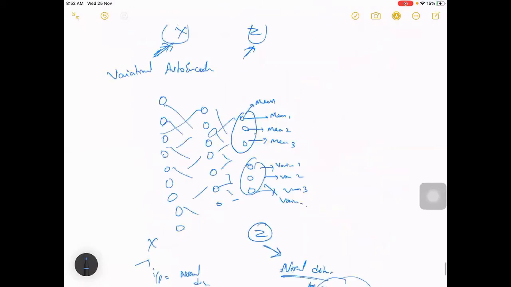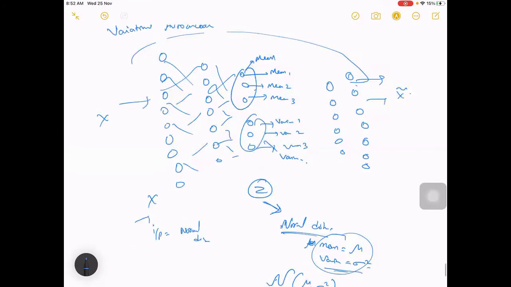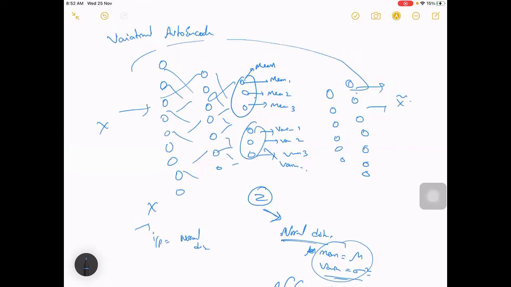The concept is the same overall, where we also do a reconstruction from these values, finally get the output, and say this is your x, this is your x tilde, and take a difference between them. That is common. But instead of having features as normal values, we try to learn a distribution of your input data, a distribution of your features.